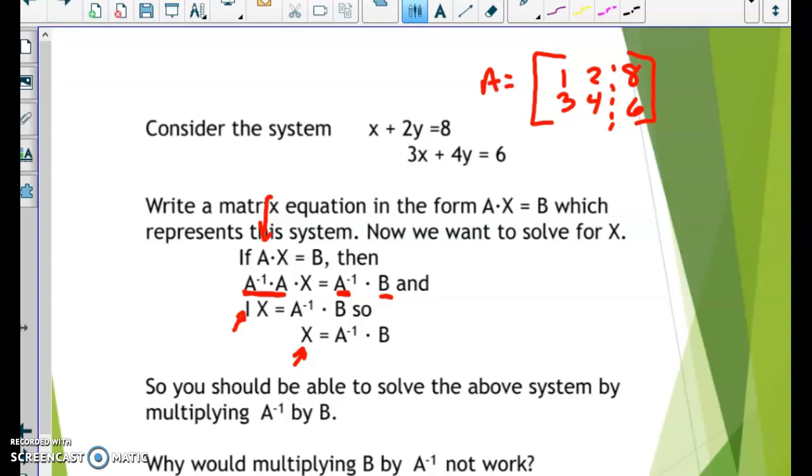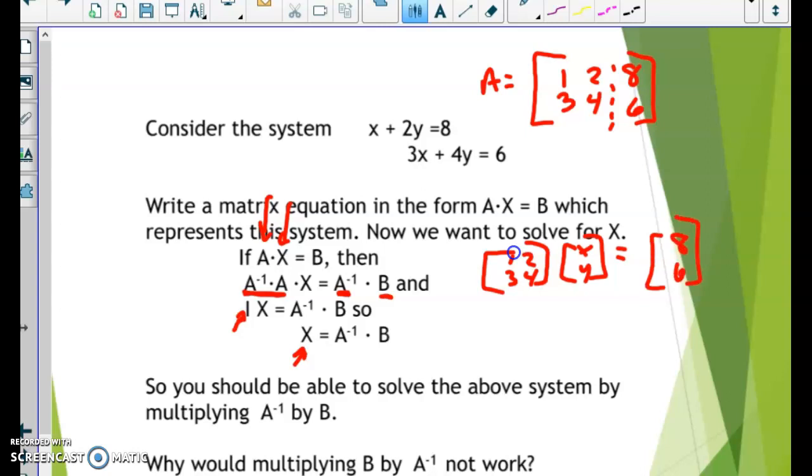All right, so if we're going to take our A, which is going to be this 1, 2, 3, 4, and we're going to multiply that by this X thing, so we know our variables are X and Y, we're going to get a matrix 8, 6.